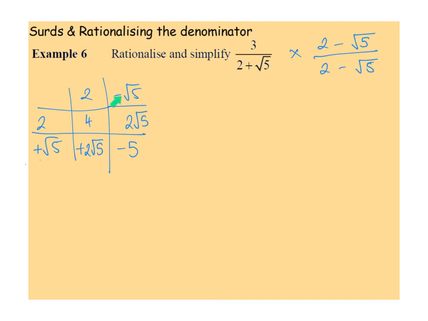But in the second one, I had a negative here, negative times positive, which will give me a negative. And you can hopefully see that the peanut is going to simplify to 0, so that's just going to give me a denominator now of 4 subtract 5, and 4 subtract 5 is negative 1. So my denominator, when I multiply these 2 fractions, is going to be negative 1.